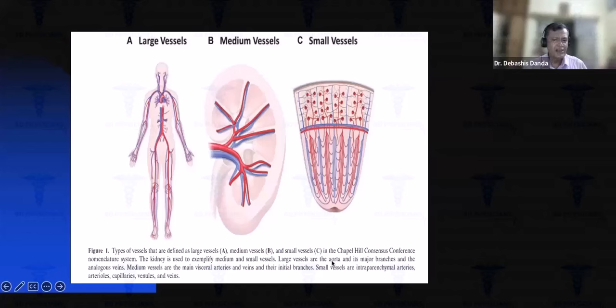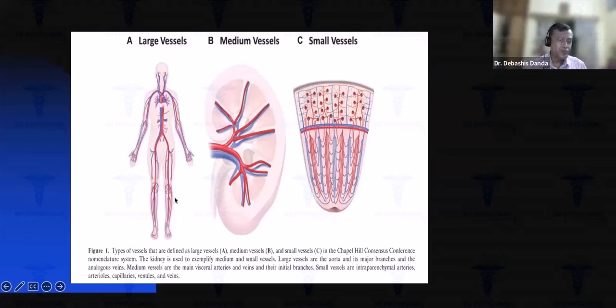So the large vessels are the aorta and its main branches and the analogous veins. Medium vessels are the main visceral arteries, like the renal arteries beyond the origin, and the veins in the initial branches. And the small vessels are the intraparenchymal branches, like the intraparenchymal branches of renal arteries, arterioles, capillaries, venules, etc.